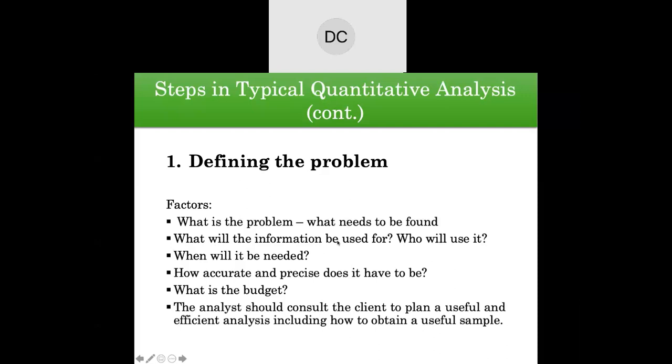Who will use it? Okay, for example, kalau sesuatu benda, contohnya daripada Kementerian Kesihatan Malaysia, they give you a sputum. Sputum ni kahak. For KKM, they will need what kind of information?